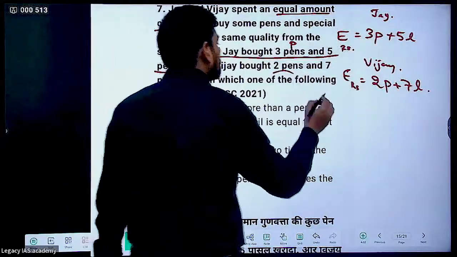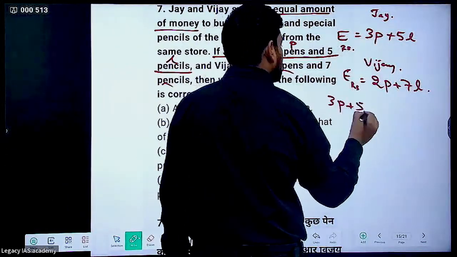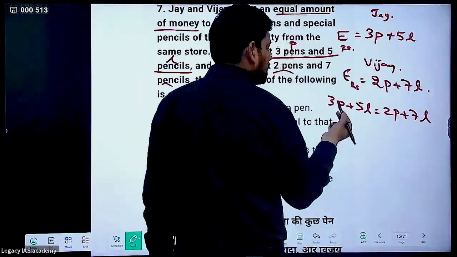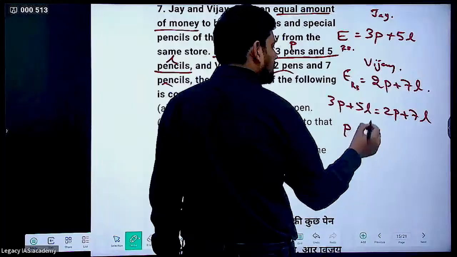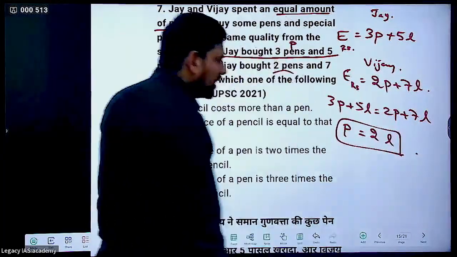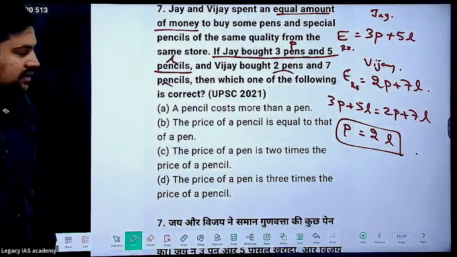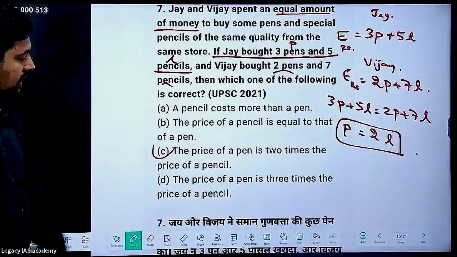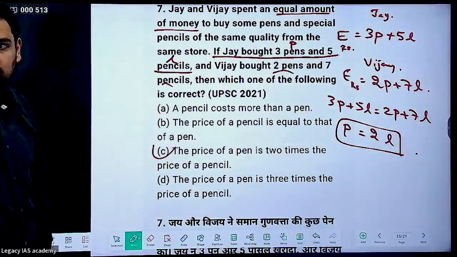It becomes 3P plus 5L is equal to 2P plus 7L. Then I send P here, so it becomes P is equal to 7L minus 5L, that is 2L. The price of one pen is equal to 2 times price of pencil. Answer C. The price of a pen is 2 times the price of a pencil.